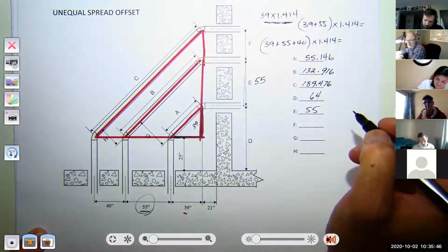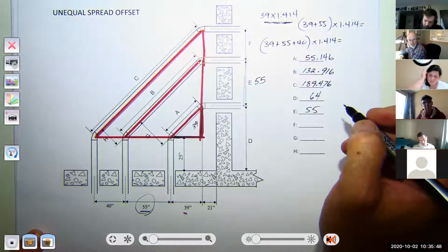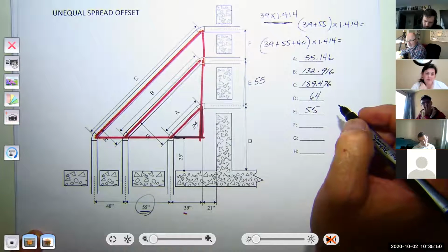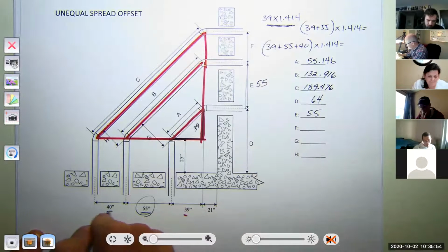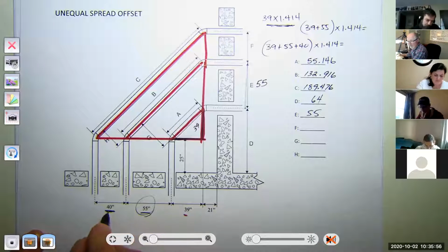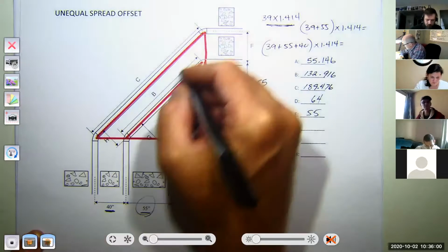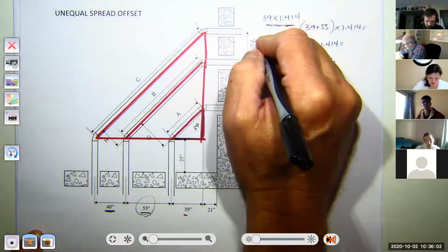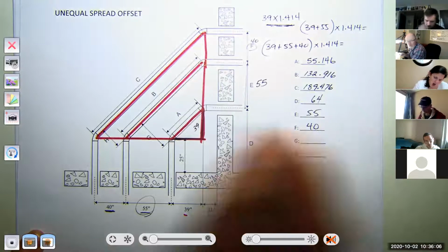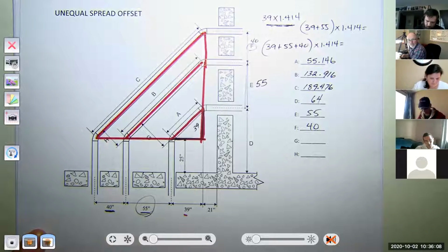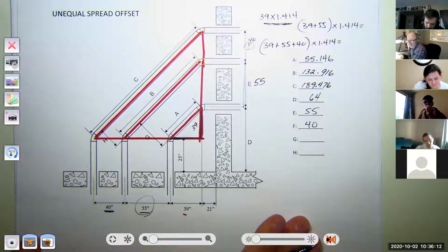This unequal stuff is easier than the other, isn't it? Because F, look down here, you see that 40 down at the bottom? F is 40. Because it travels through, and it's the same number.